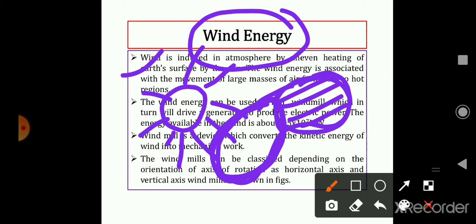Whenever there is a pressure difference between one area and another, the wind flows from the high pressure area to the low pressure area. On daytime the land becomes very hot, so its pressure is very low, whereas water becomes cool, so its pressure is very high. Now the wind flows from the high pressure area to the low pressure area.